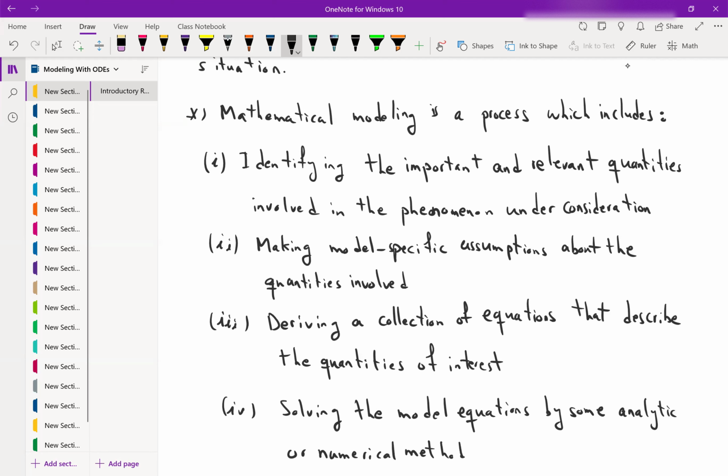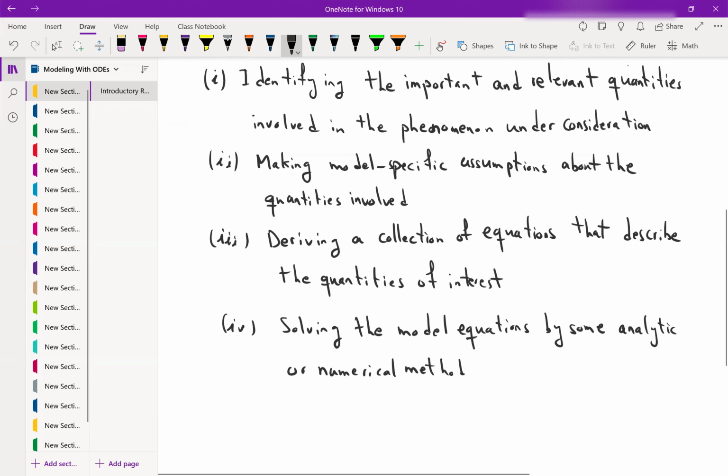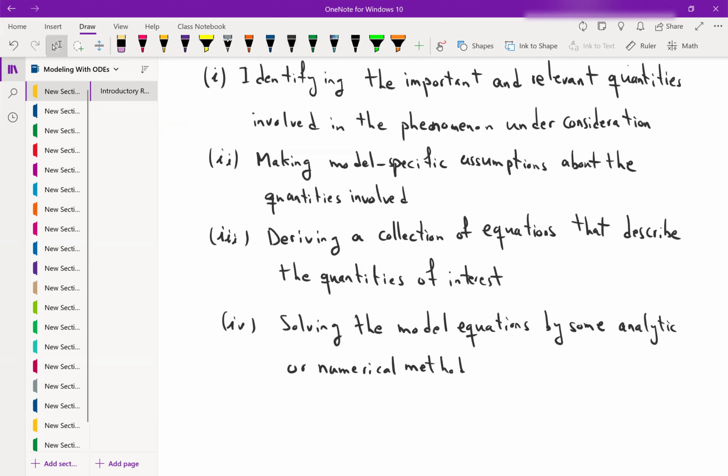Here I'm using the term analytic method to refer to those methods that give us exact solutions to the equations. And the term numerical methods here refers to those methods that provide approximate solutions to our equations.